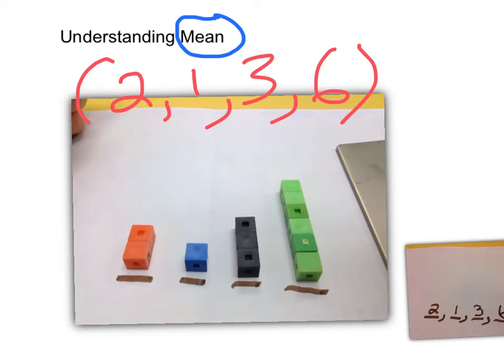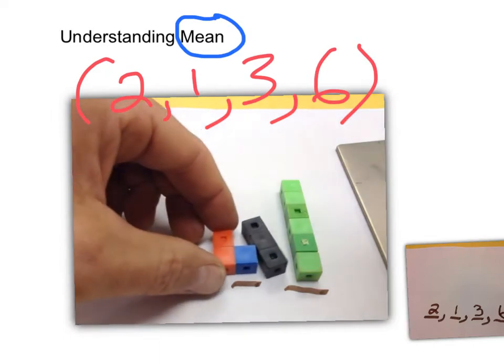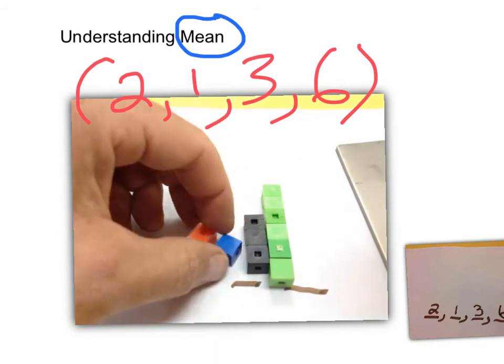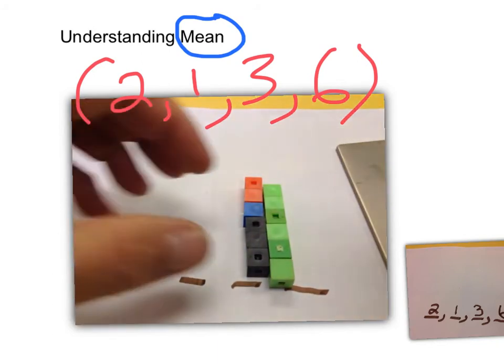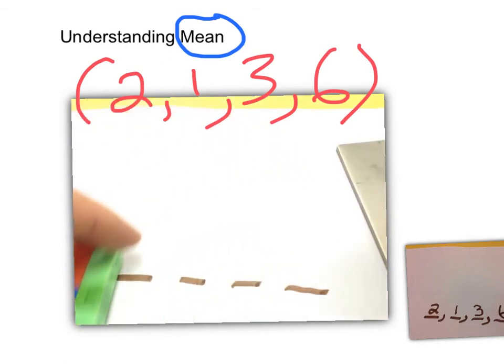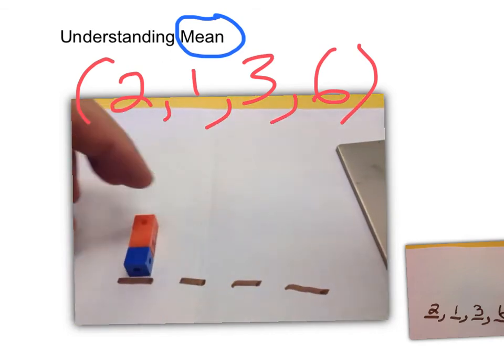And we want to calculate or discover the mean. So what it is, it's taking all of the measurements and totaling them, and then sharing them back out to the four pieces of data.